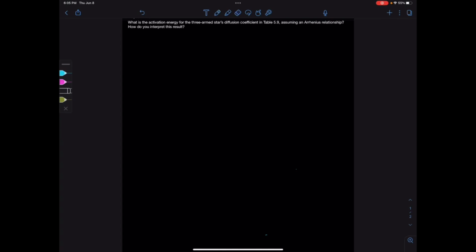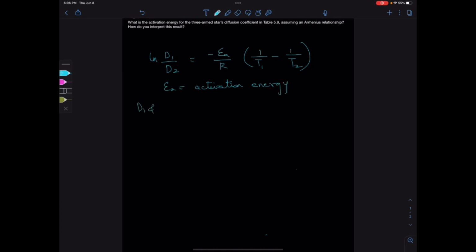Assuming an Arrhenius relationship, the equation relating the diffusion coefficients D1 and D2 at two different temperatures T1 and T2 would be ln D1 over D2 equals negative EA over R times 1 over T1 minus 1 over T2, where EA is the activation energy and D1 and D2 are the diffusion coefficients at temperatures T1 and T2.